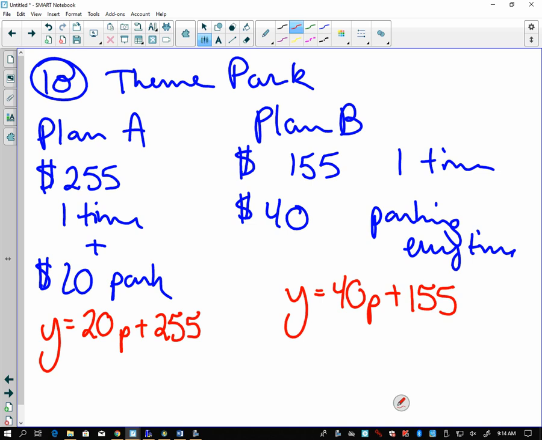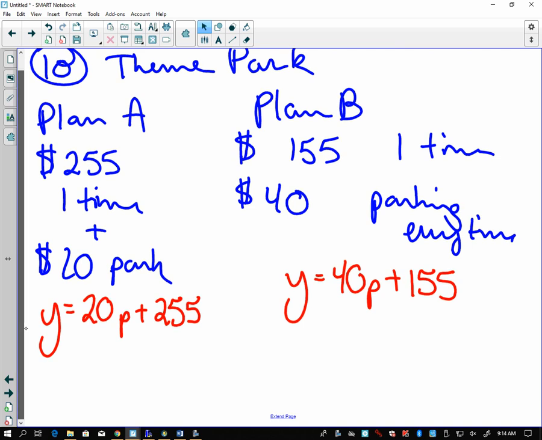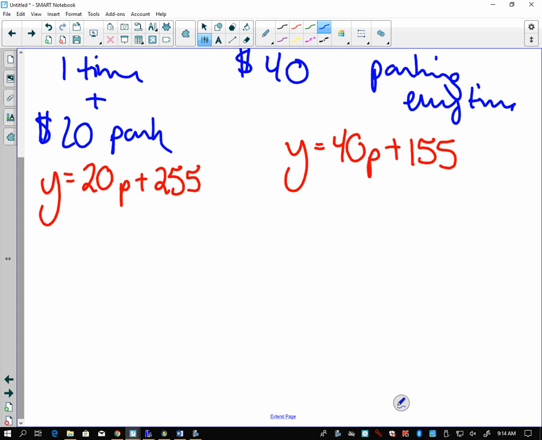So what are we going to do with these two equations that we've written, in order to find out when they're going to be equal? Well, I have two separate equations, so what do I really need to do, Clayton?